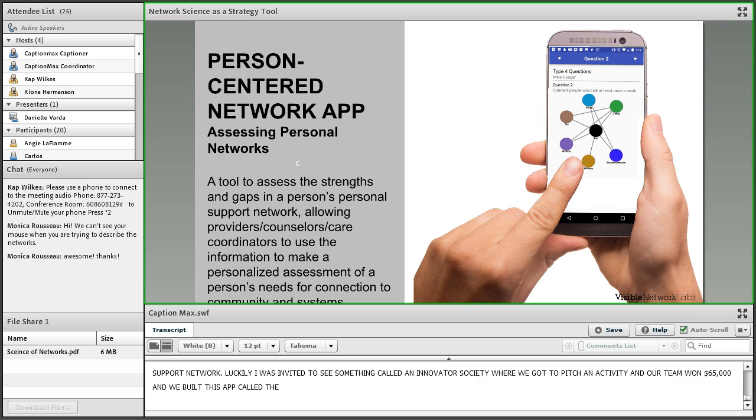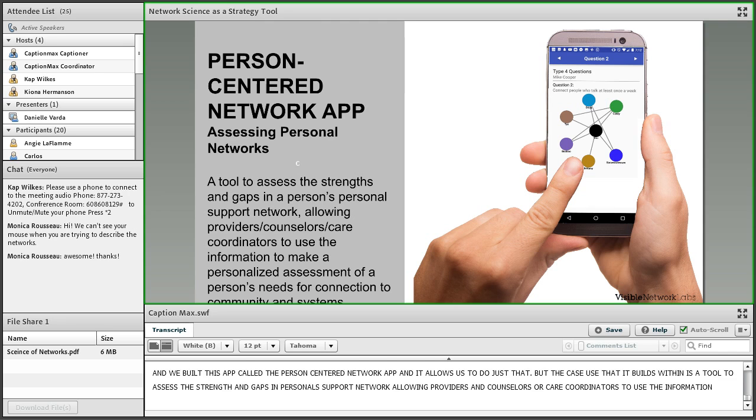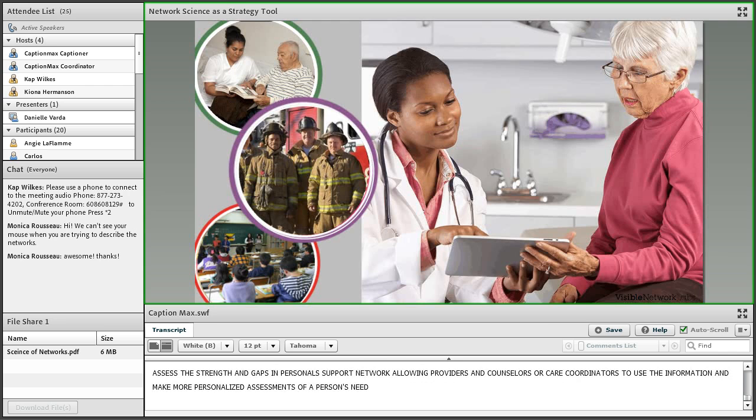And I used to end my presentations there and say, well, one day I'm going to build a tool that would help a provider understand a personal support network and use that in a person's care. Luckily, I was invited to participate in something called the Innovator Society, where we got to pitch an idea, and our team won $65,000, and we built this app called the Person-Centered Network app, and it allows us to do just that.